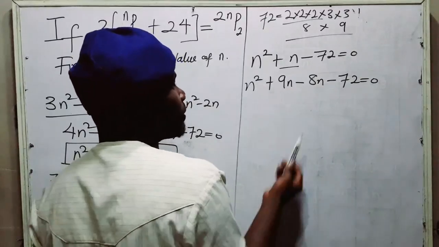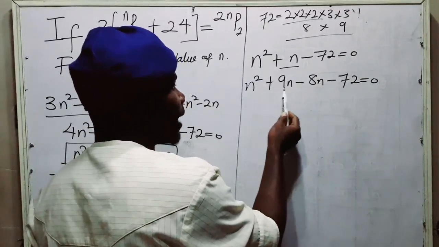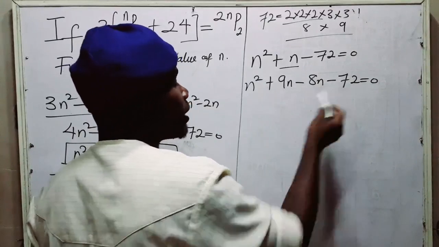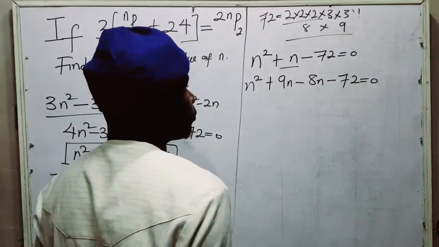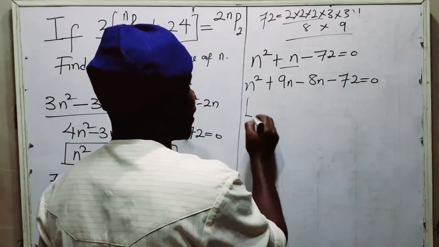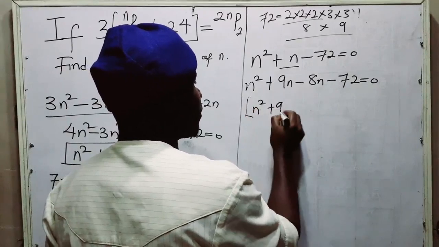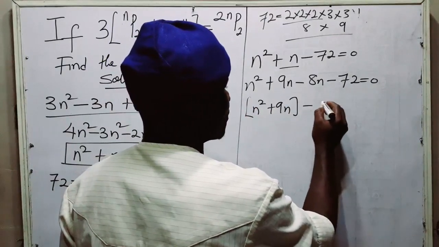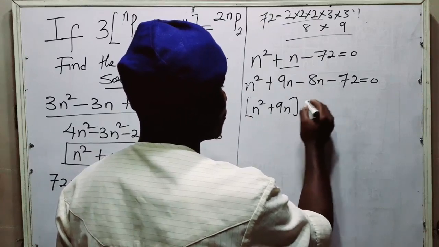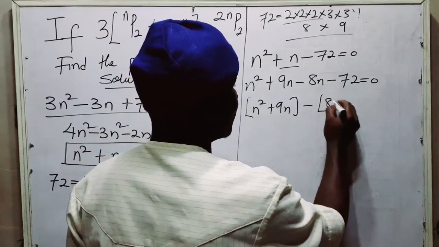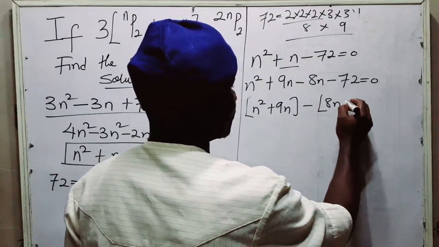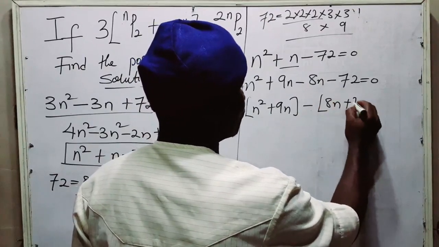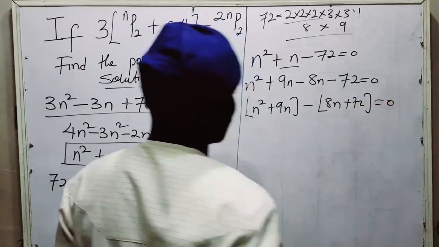And by the time you multiply 9 times minus 8, will surely give us minus 72. So let's group it now. We have n squared plus 9n, minus 8n plus 72 is equal to 0.